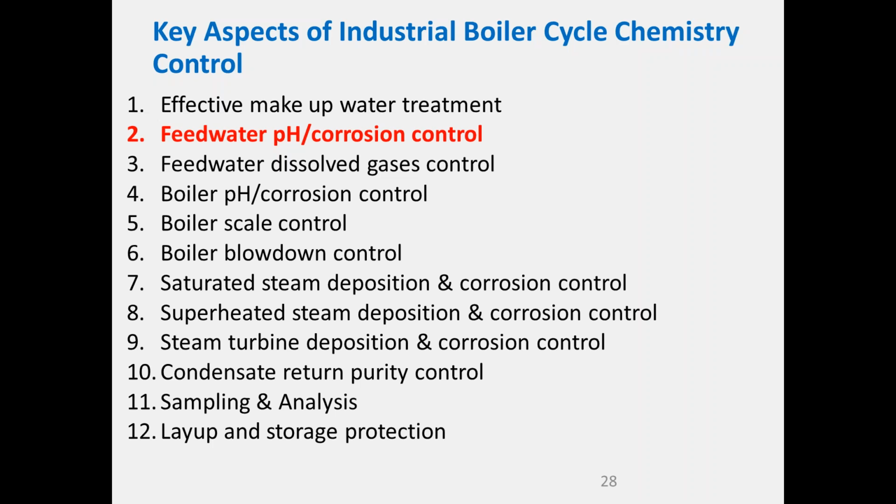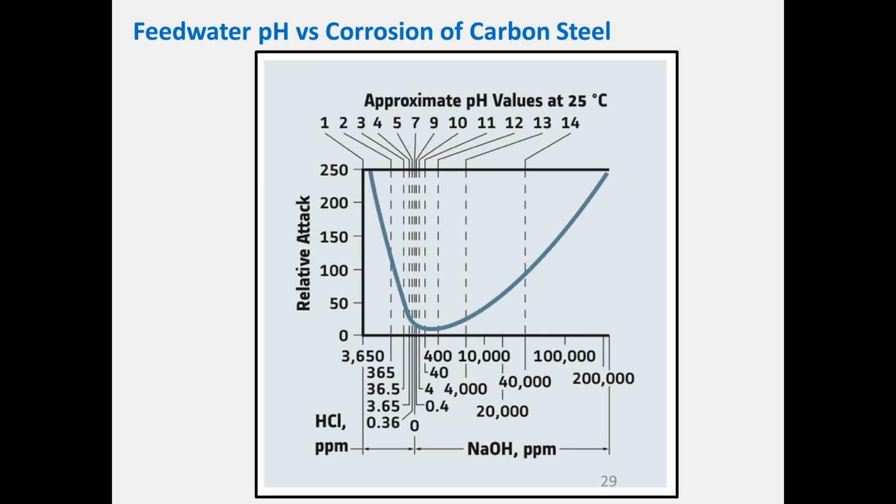So the next one is feedwater pH corrosion control, and the simplest way that I can describe this is we have carbon steel, and carbon steel has a corrosion rate, so relative attack here, that depends on the pH. We've got the pH range of 1 to 14. So if we're operating at a pH of, say, 1.5 to 2, the corrosion rate is very high for carbon steel.